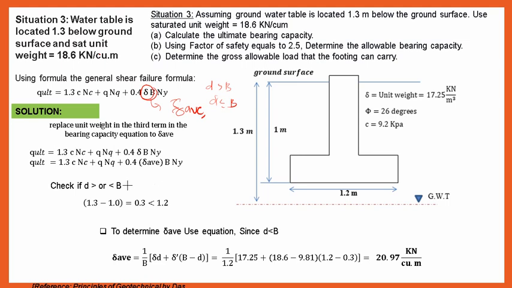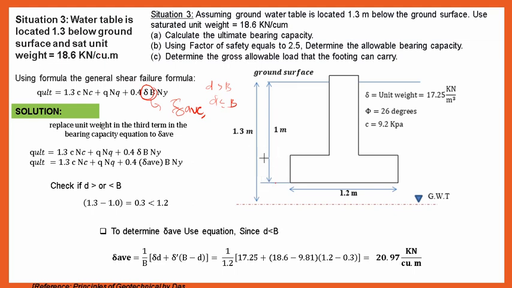So, we need to check yung D and B natin. So, yung D natin, sabi natin, located 1.3 below the ground surface. So, ito yung ground surface natin, ito yung groundwater natin, yung 1.3 ito. Tapos, yung ground surface mula sa bottom ng ating footing is 1.